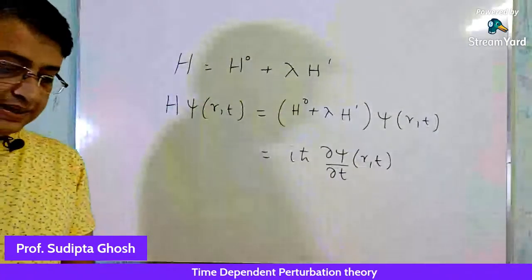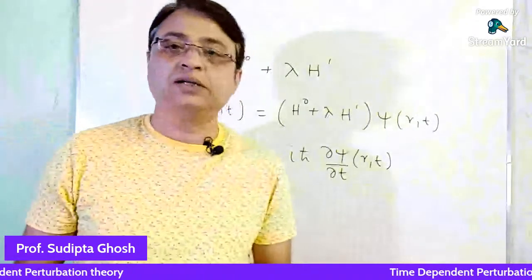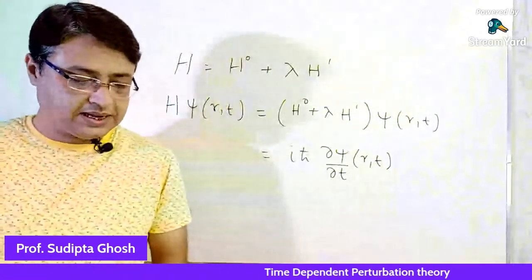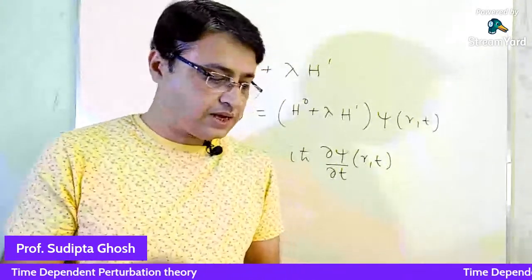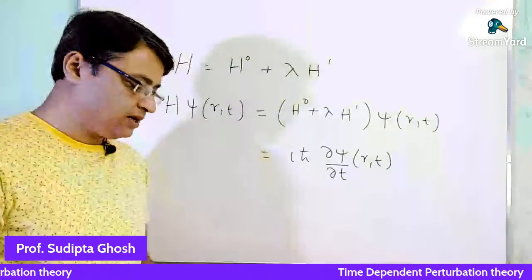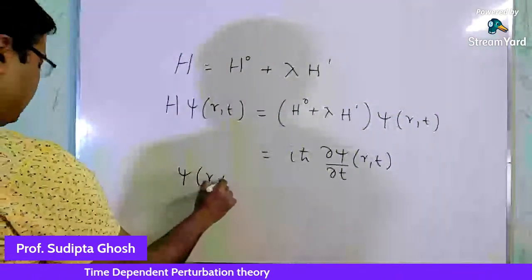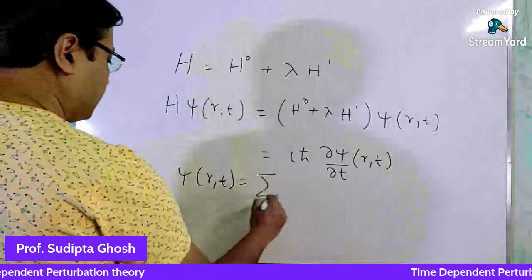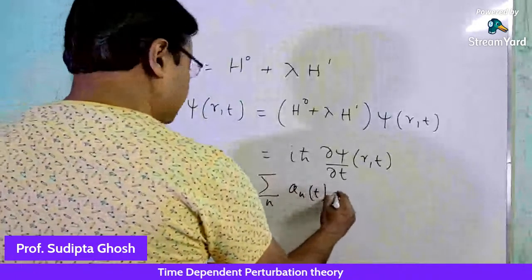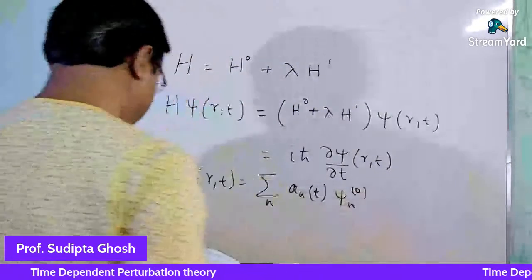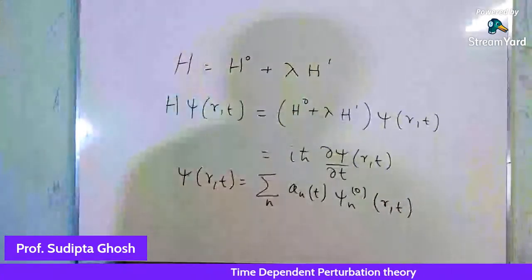Now, like in the time independent case, let us express the perturbed wave function psi(r,t) as an expansion in the wave functions psi n0 of the unperturbed time dependent Schrodinger equation. That is, we can write psi(r,t) equals the summation over n of a n(t) psi n0(r,t), and here also psi n0 is a function of r and t.